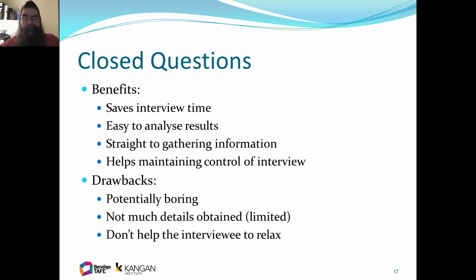Drawbacks: they tend to be a bit boring. The details you get from that type of interview are very limited, so you may not pick up some of the fine details you may need to resolve the problem correctly, and it doesn't give the interviewee time to relax.